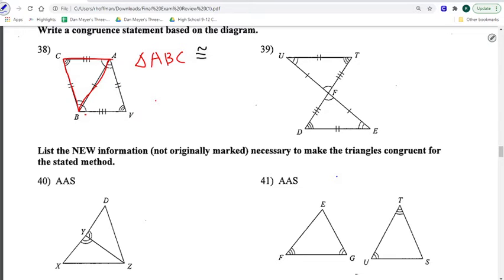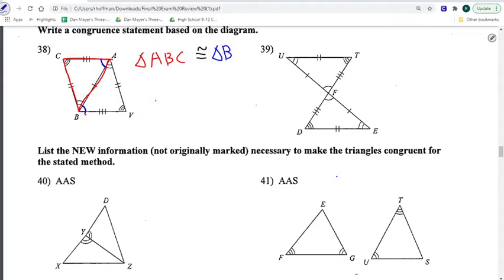So triangle ABC is congruent to, we want to see what angles match up with what. Well, angle A in this diagram is going to match up with angle B, 1 tick mark with 1 tick mark. So A goes with B in the other triangle.